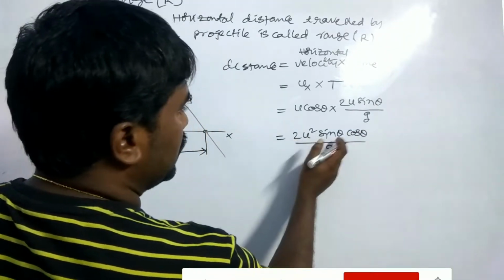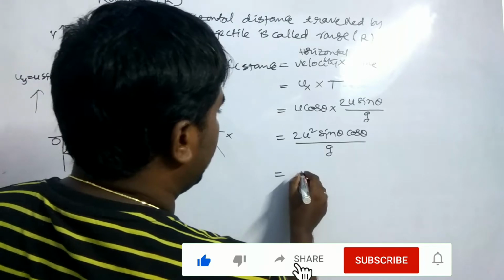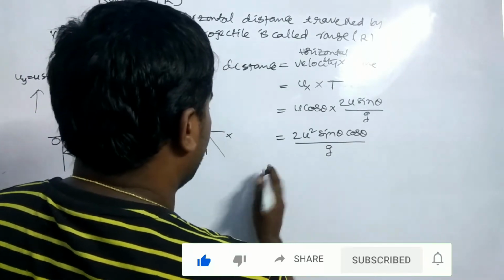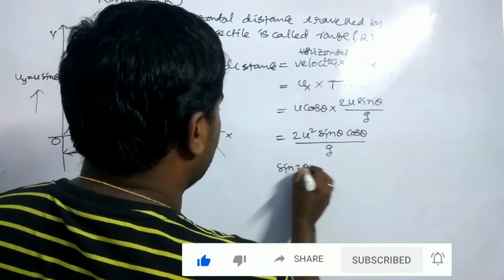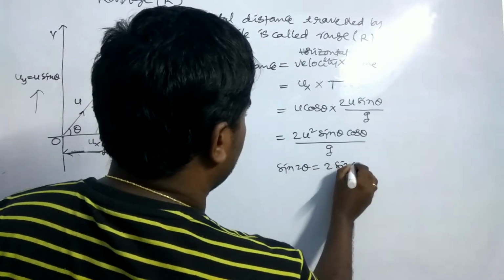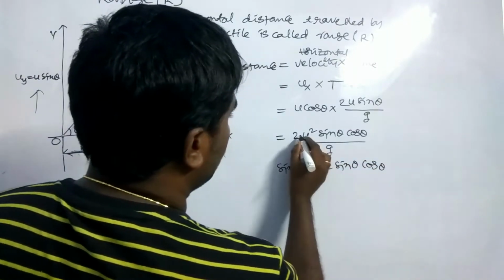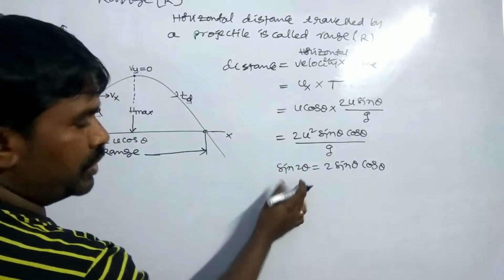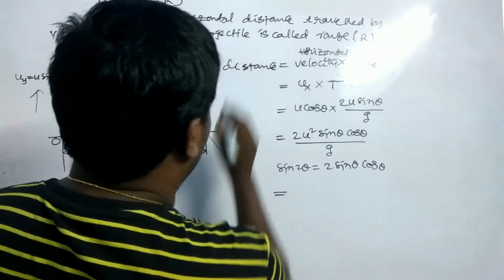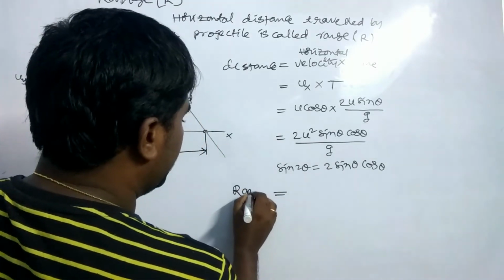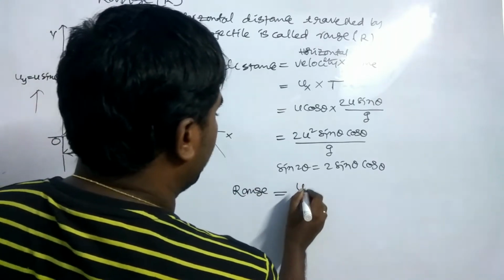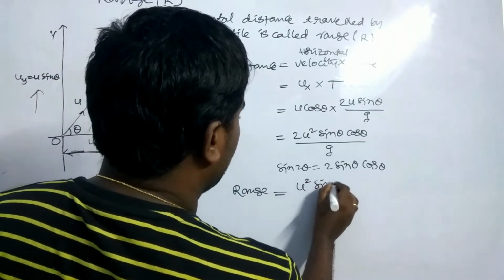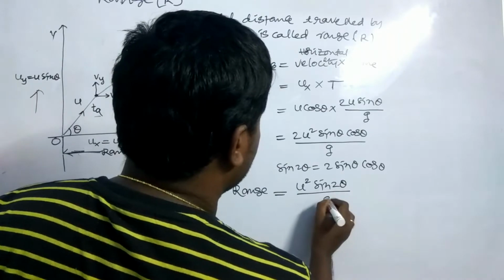Here 2 sin theta cos theta is equal to sin 2 theta. Then the horizontal distance, that is the range, is equal to u square sin 2 theta by g.